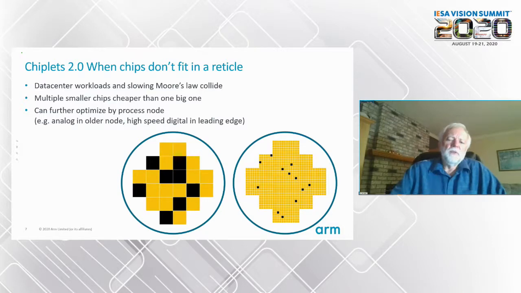When that happens, the chips keep getting bigger and bigger, and eventually you get to the point where building it on smaller chips and putting them together in a package or on a substrate of some kind is actually cheaper than one big one. You can see why in the stylized picture here.